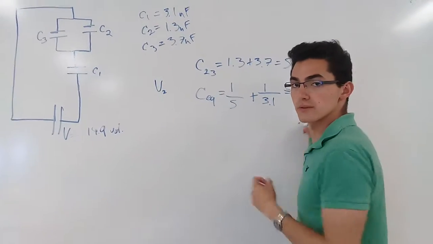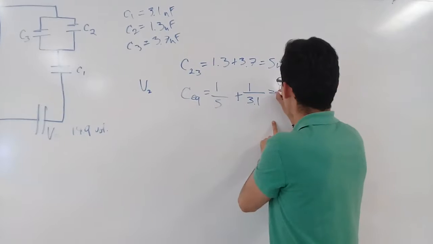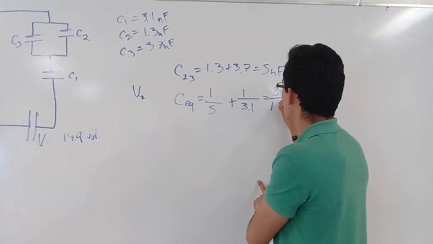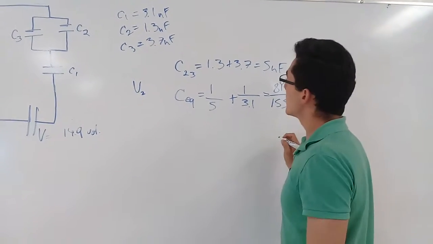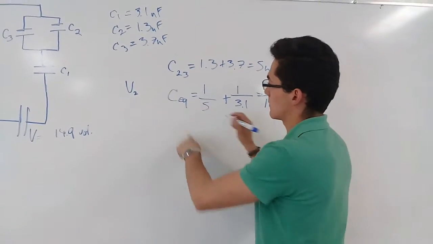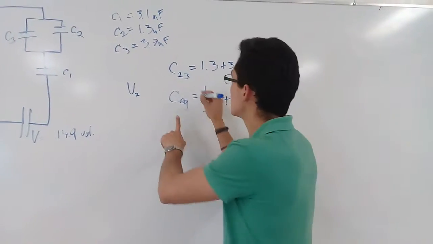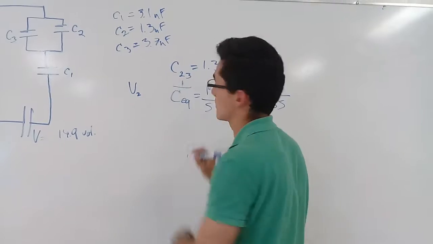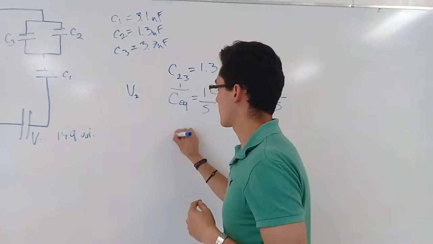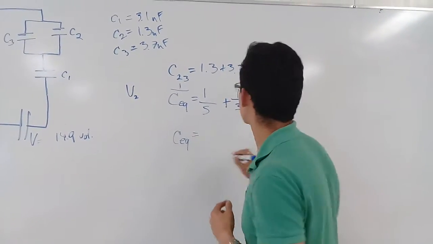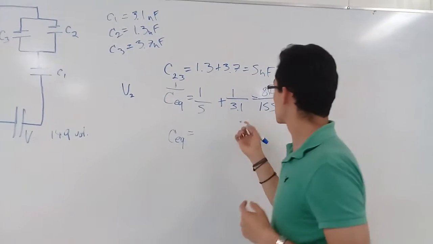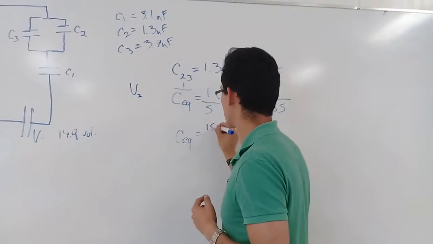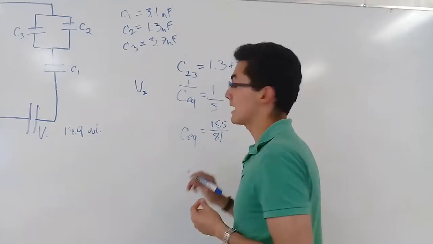And this is equal to 81 over 155. This is 1 over the capacitor in equilibrium, so our capacitor in equilibrium is the inverse of our result. So it will be 155 over 81.